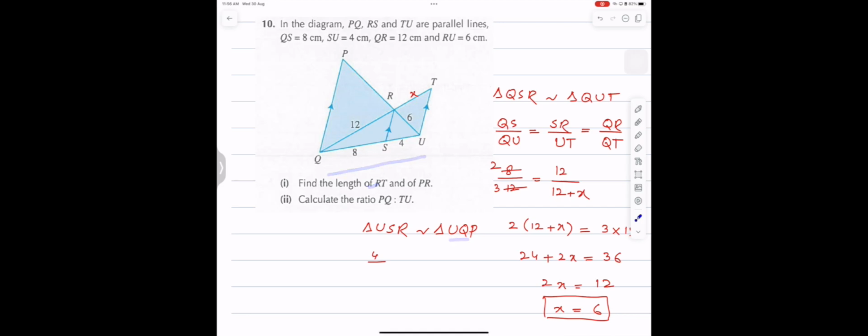So US is 4, QU is 12. Similarly, SR is unknown and QP is also unknown. You don't need to put that value.